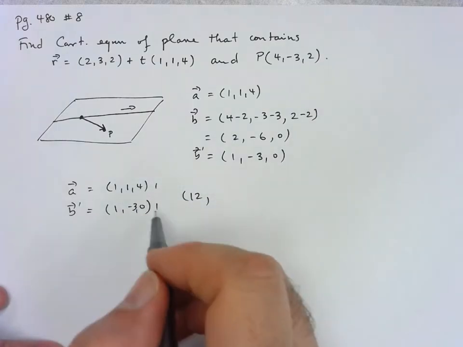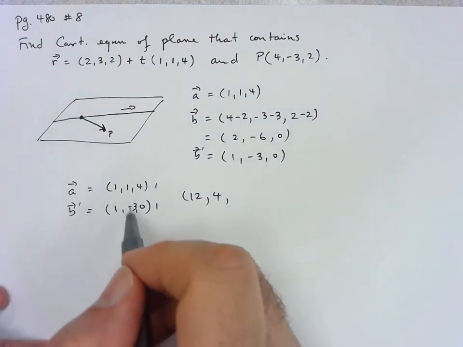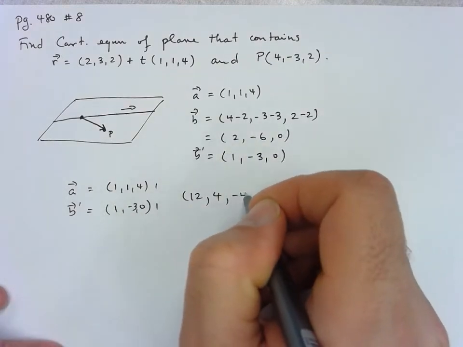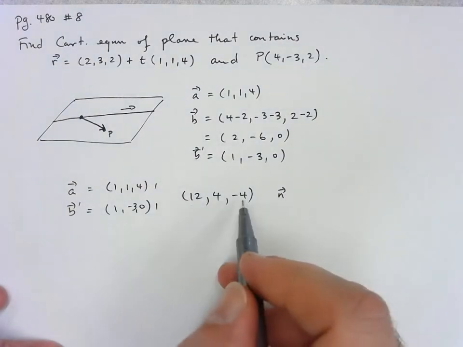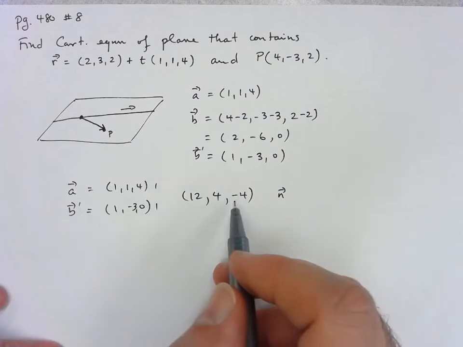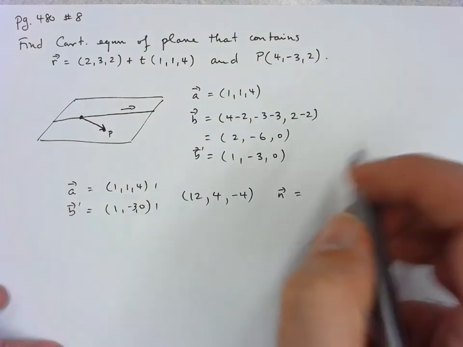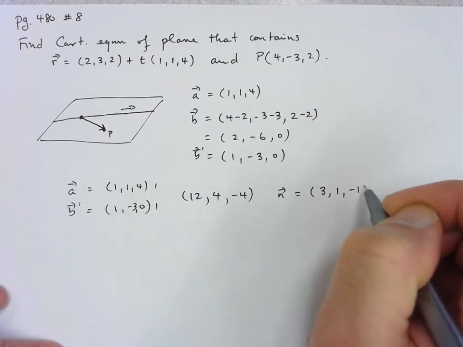Here we've got 4 minus 0, so 4. And here we have negative 3 minus 1, so negative 4. For my normal vector, I might as well use the simplified version, since any vector parallel to this cross product will work. So I might as well divide by 4, and I have 3, 1, negative 1.